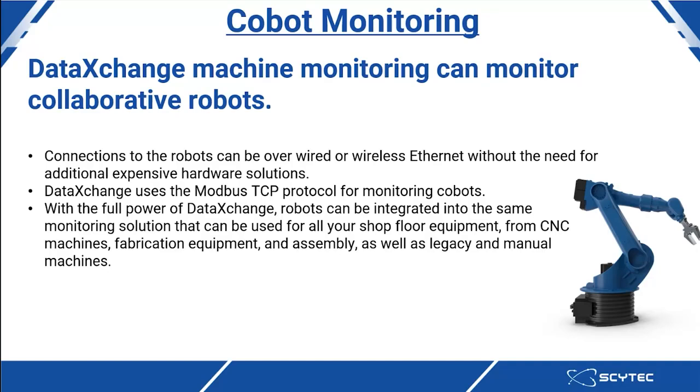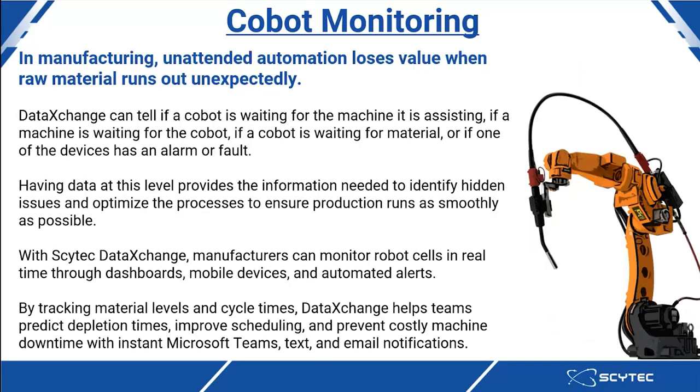And with the full power of DataXchange, robots can be integrated into the same monitoring solution that can be used for all of your shop floor equipment, from CNC machines, fabrication equipment, and assembly, as well as legacy and manual machines. In manufacturing, unattended automation loses value when raw material runs out unexpectedly.